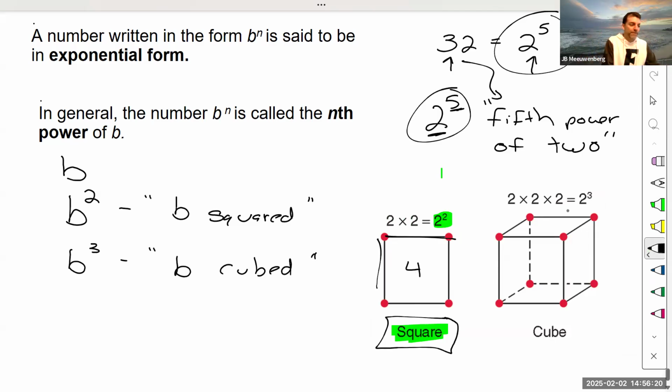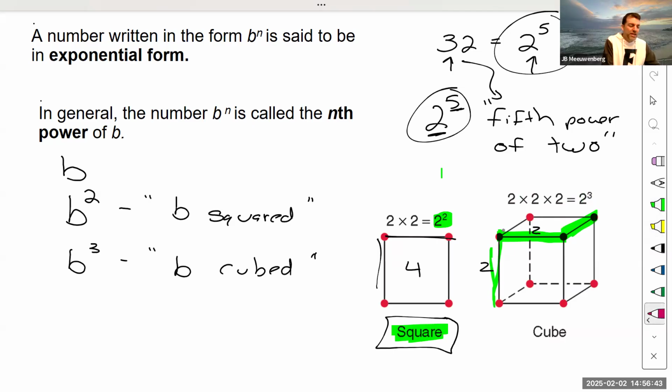Similarly, 2 times 2 times 2 is 2 to the 3rd power. We see we have 2 times 2 here with our length and our width, but then it also has depth to it, right? So we have that 3rd dimension. And so 2 times 2 times 2 is 8.